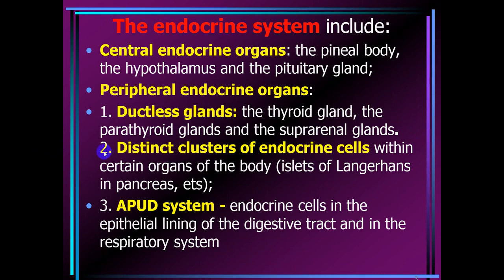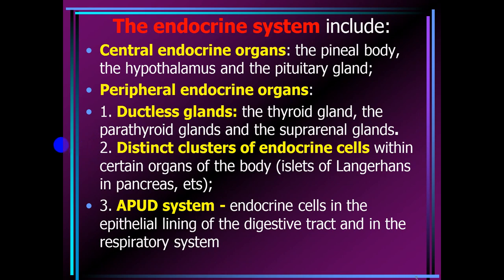The second part of the peripheral endocrine system is distinct clusters of endocrine cells within certain organs of the body. For example, it may be islets of Langerhans in pancreas, endocrine cells in sex organs like testes and ovary, and some other organs.